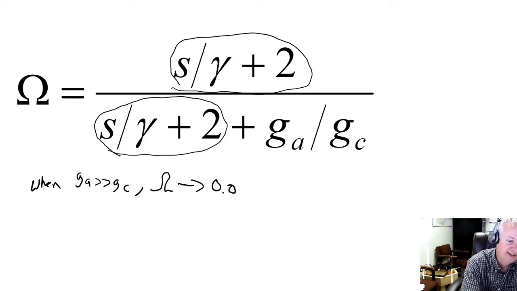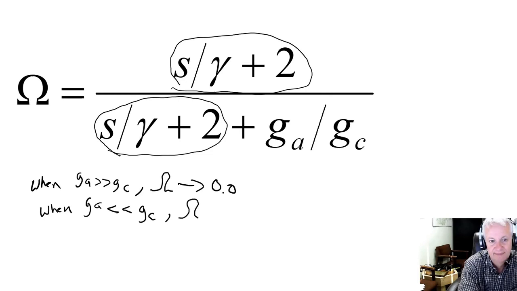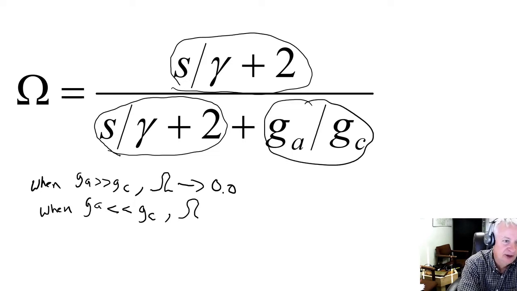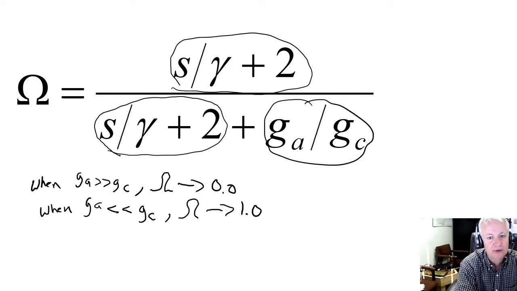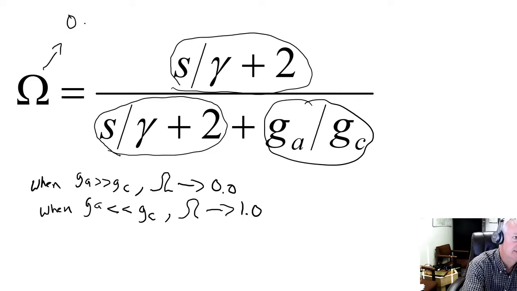And then inversely, of course, when aerodynamic resistance or boundary layer resistance is much smaller than canopy conductance, that makes this ratio here approach 0, which means omega approaches 1. Okay, so omega varies from 0 to 1.